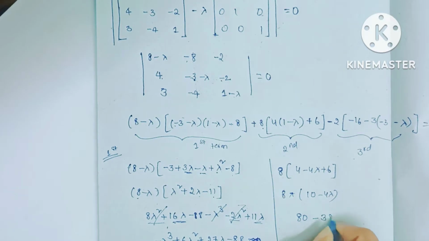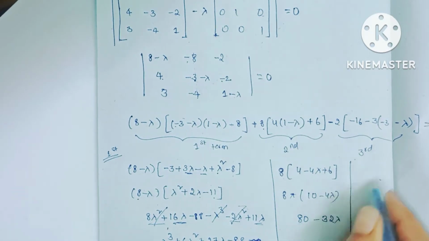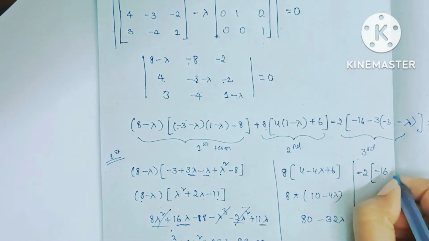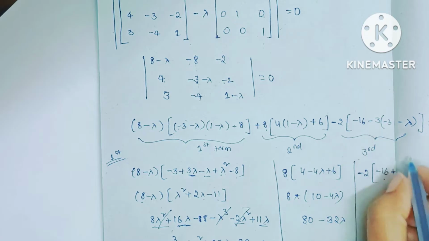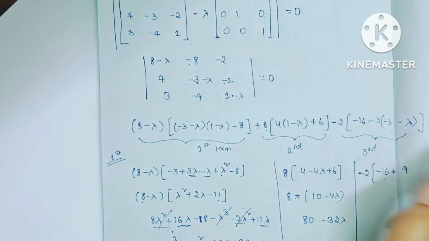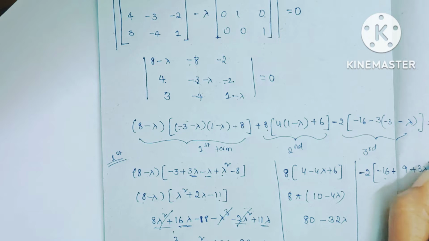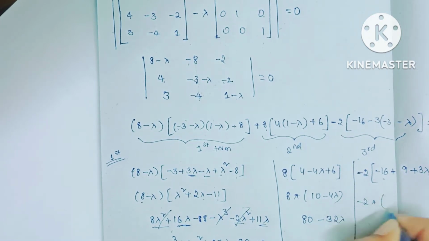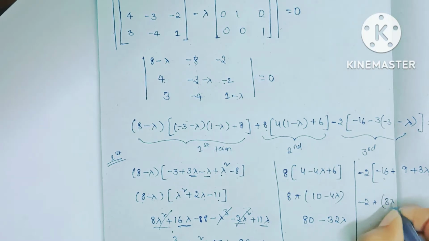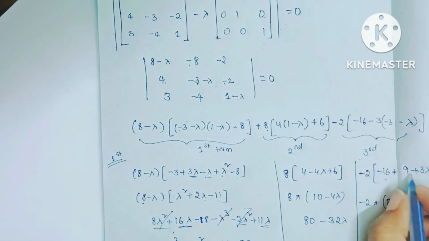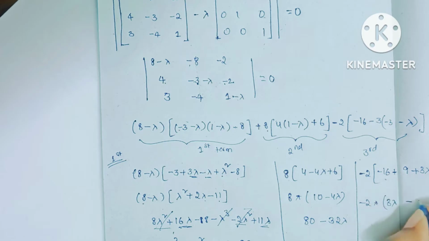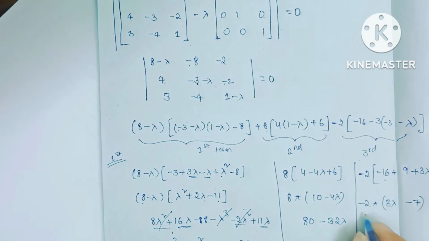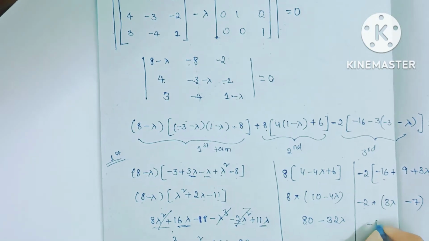So minus 2 into minus 16 minus of minus plus 3 lambda, 3 3s are 9, and here we'll get minus 2 into 3 lambda minus 16 plus 9, we will get minus 7. Okay, from here 3 2s are 6 lambda, minus of minus, plus 7 2s are 14.